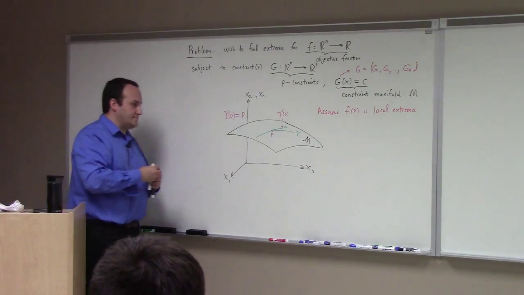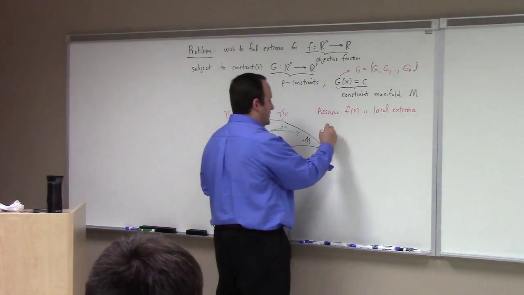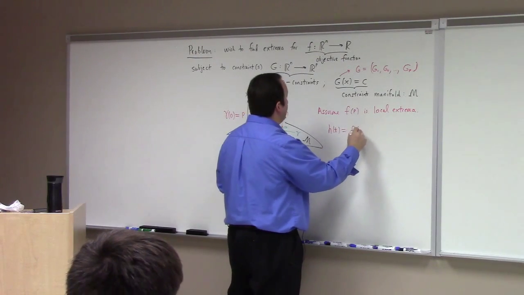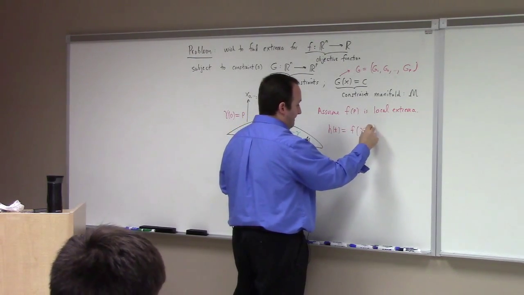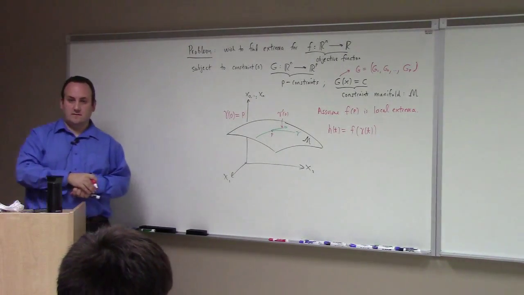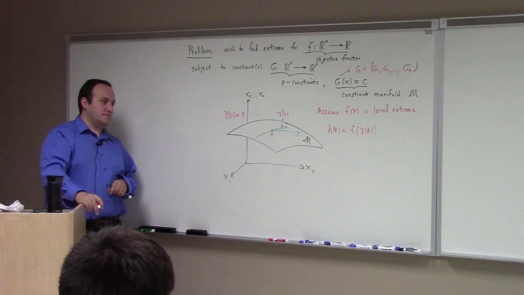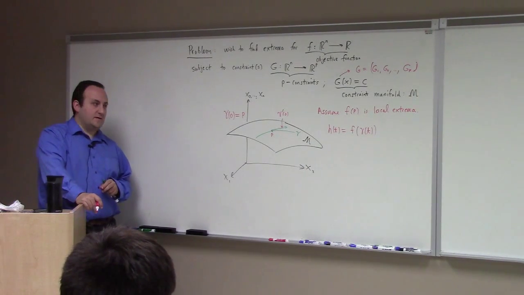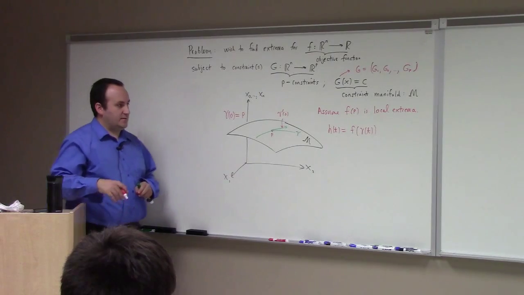So one thing I can look at is h of t, defined by f of gamma of t. I can look at this function. I'm just feeding the objective function to the curve.